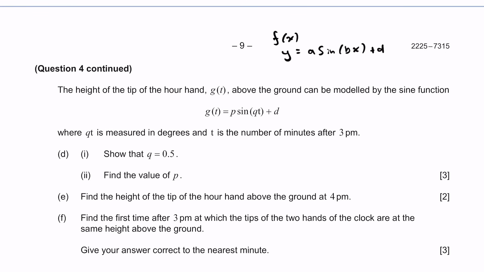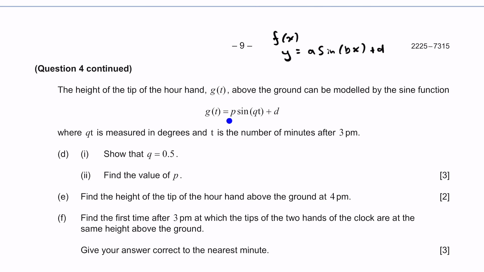But we shouldn't get confused if a is now written as p, or b, the value that we multiply the x or our input by, is now q, and our input is no longer some generic x, but it's t for time. We can use different letters to refer to essentially the same feature or characteristic within our function. So this number in front, this coefficient in front of sine, that's the same as a.